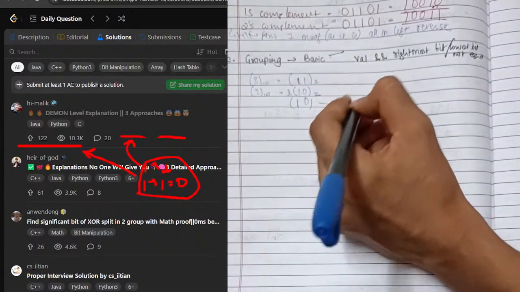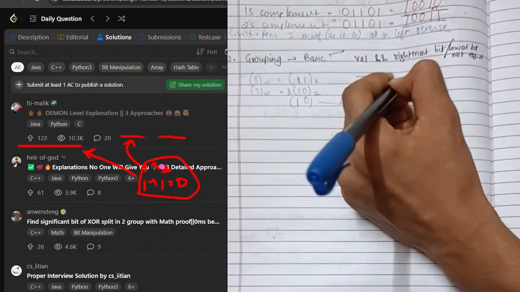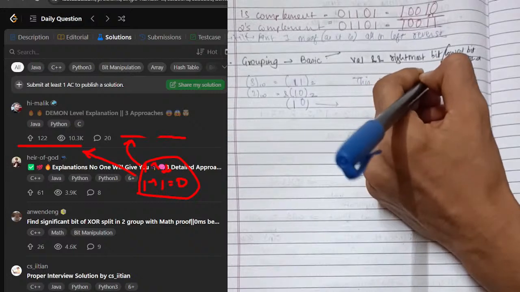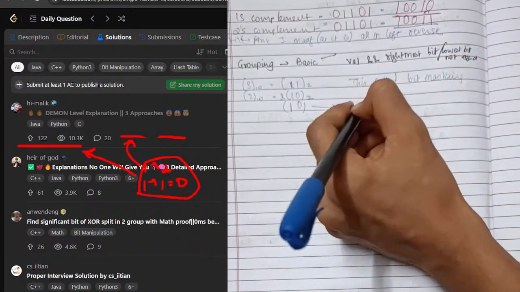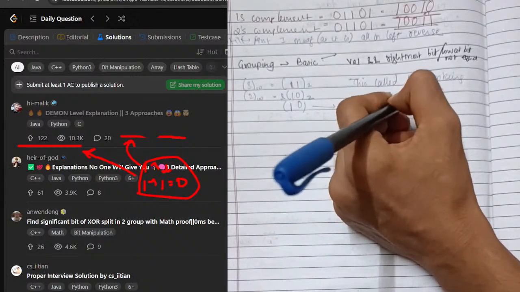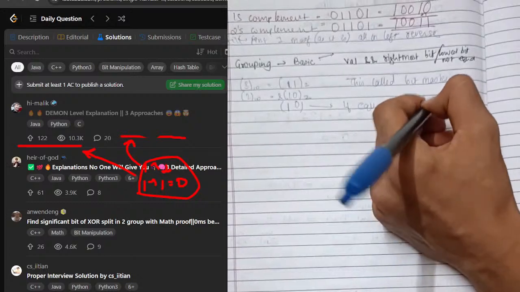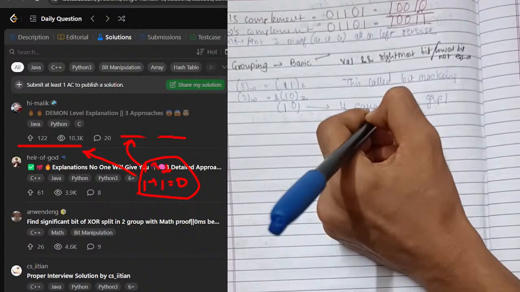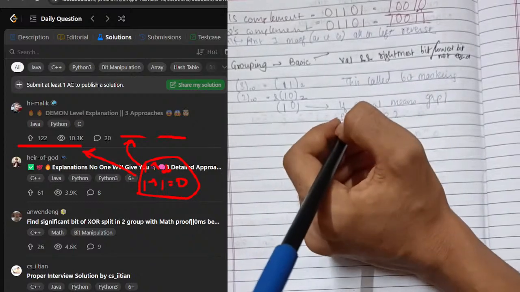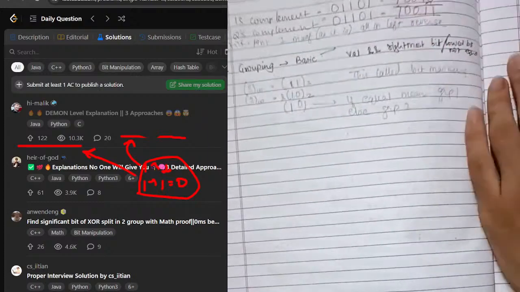This is called bit masking. If equal, group 1, else group 2. So grouping has been done.